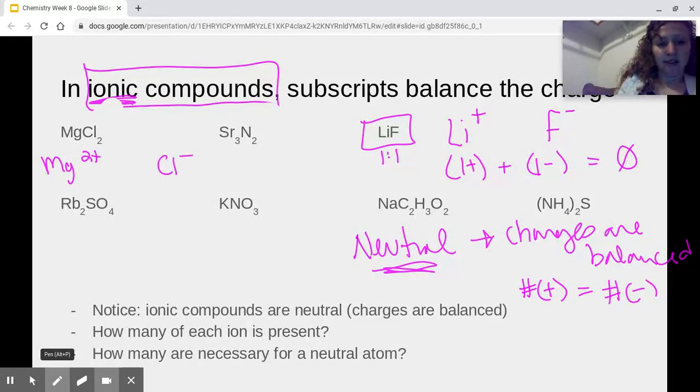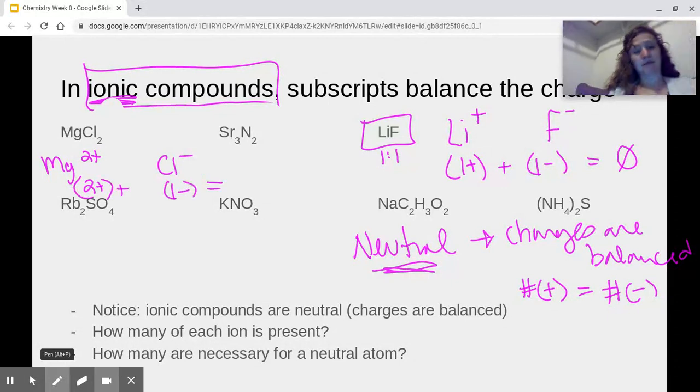If you add these together, a 2 plus and a 1 minus, you don't get 0, right? 2 minus 1 is not 0. And that's why we need the subscripts. The subscripts tell us we need 2 chlorines. So a 2 plus minus 1, that's going to equal 0.